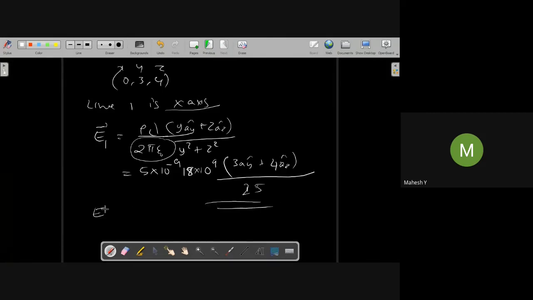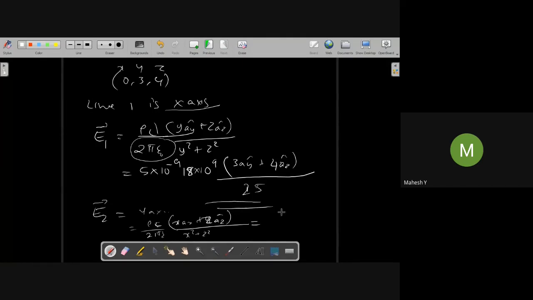Now what is the E2? E2 is along which axis? Y-axis. So y-axis means the expression is rho L by 2 pi epsilon 0 into x ax cap plus z az cap divided by x square plus z square.